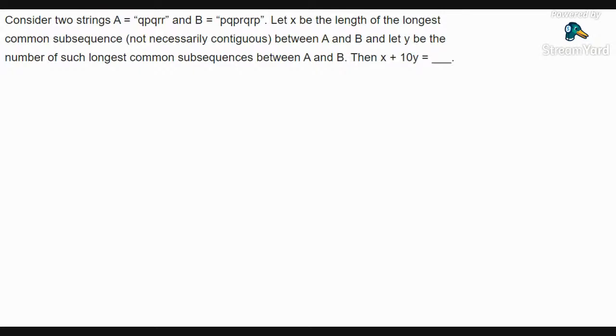So what is the total number of options for Y? The value of Y is 3, because Y is the number of such longest common subsequences. First is QPQR, second is QPRR, third is PQRR. So the expression is 4 plus 10 multiplied by 3, which is nothing but 34. 34 is the correct option here.